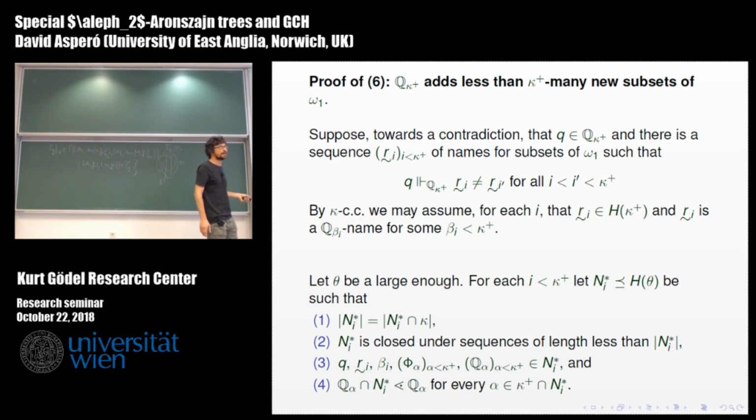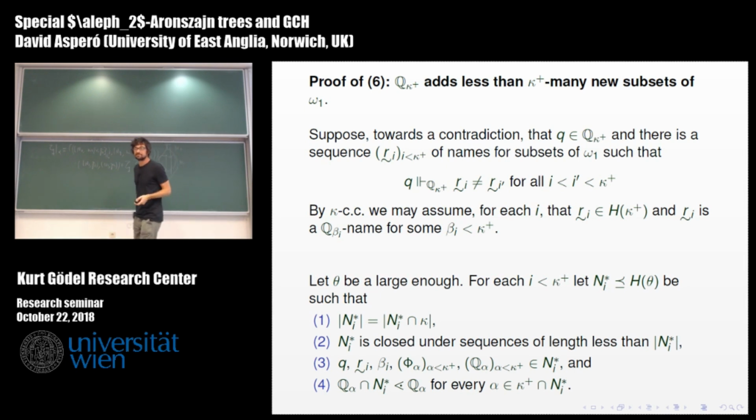So psi says something like: this is the sequence of forcings, and this is the sequence of, respectively, the collections of all the maximal anti-chains of these forcings.